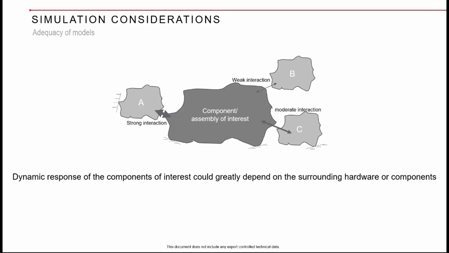Similarly, an important aspect, which I think we already touched upon, is the adequacy of models in your simulation. For example, you have three or four components which are interacting with each other. You need not always consider all the components, but whatever components have strong interaction with your component of interest.